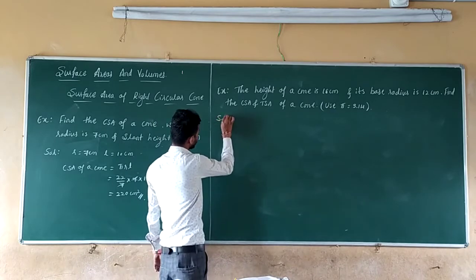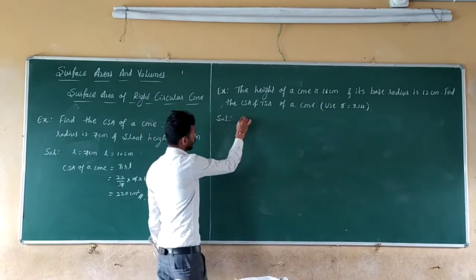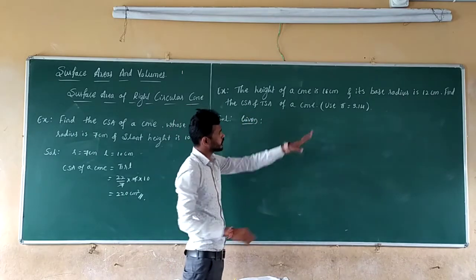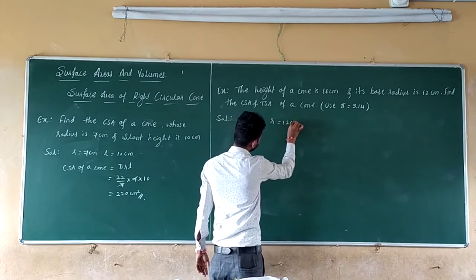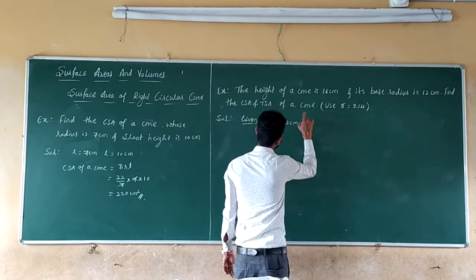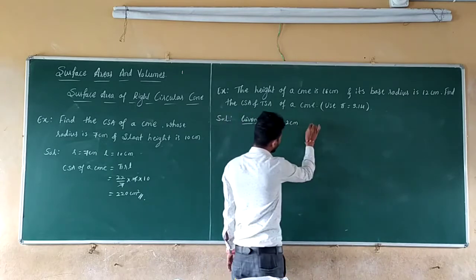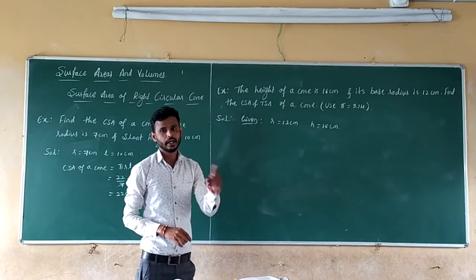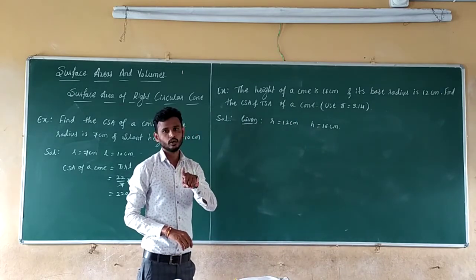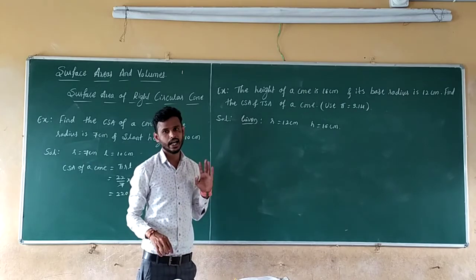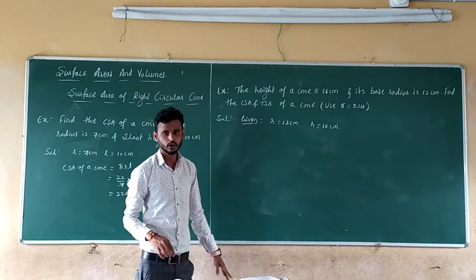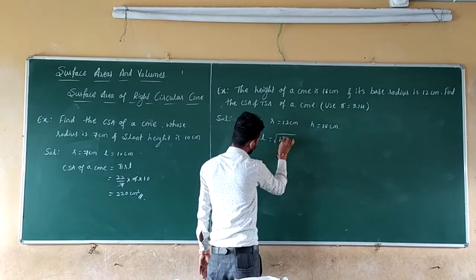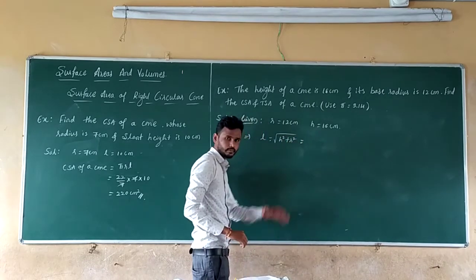Okay. Here let us write the given first. Radius equals 12 centimeter. Height is 16 centimeter. For finding CSA and TSA of a cone, we need to find L, the slant height, first. You know that L equals root of h square plus r square.